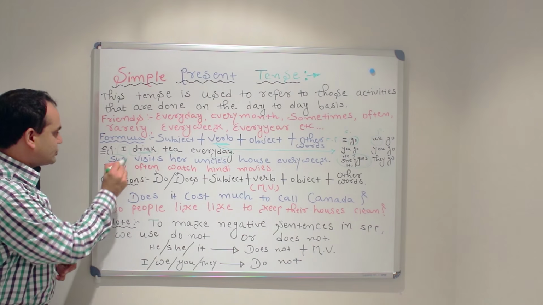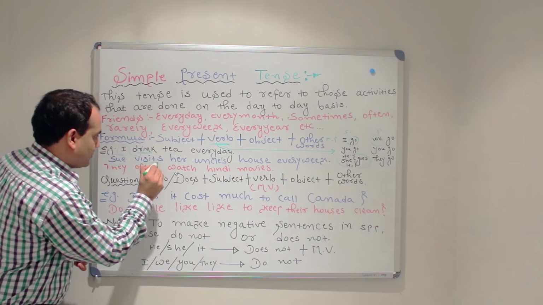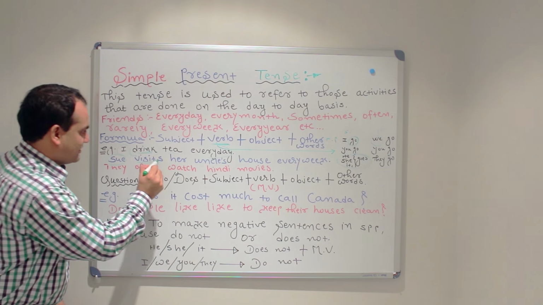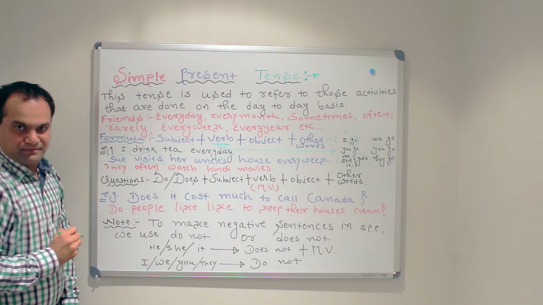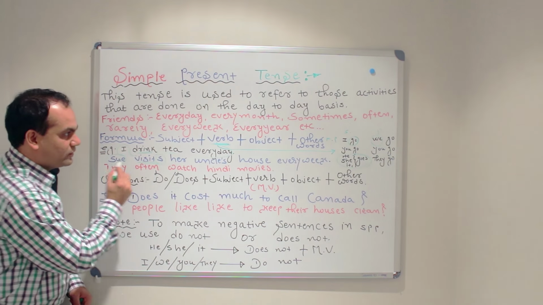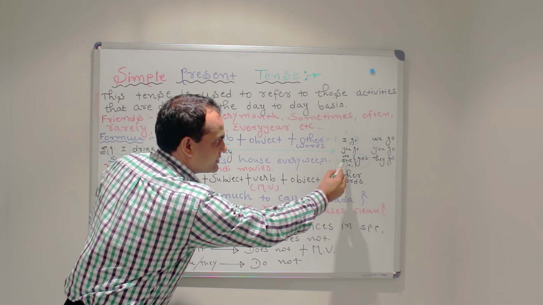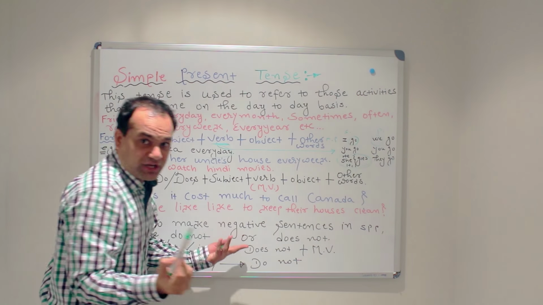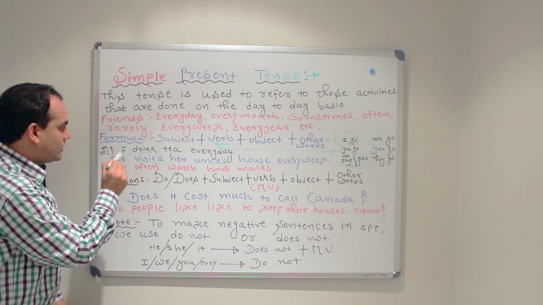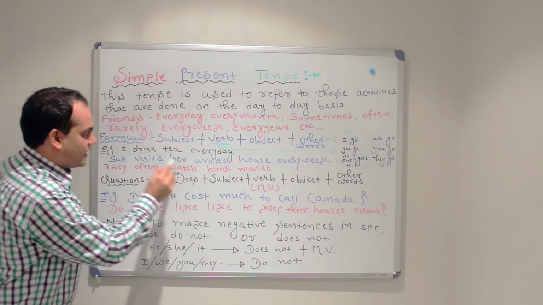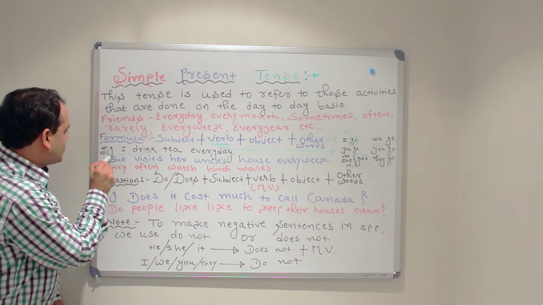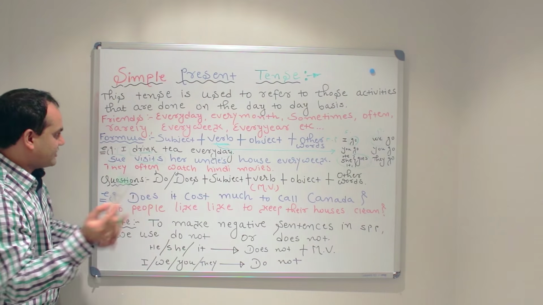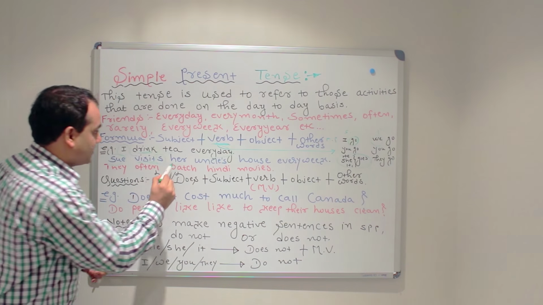So in this sentence, Sue is a subject, visits, we use visits. Why? Because Sue is third person singular. Sue is she. So Sue visits her uncle's house every week. Sue in this sentence is subject. Visits is a verb.